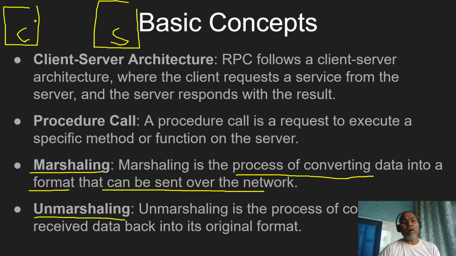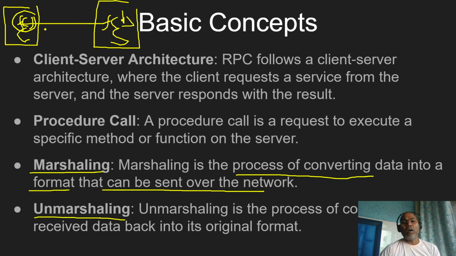Now I want to call a function f, which expects some input. I want to call this function from my client code. While calling this function, the way the client invokes it locally is not possible.